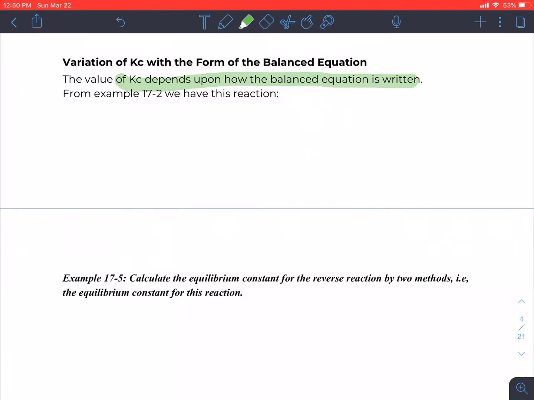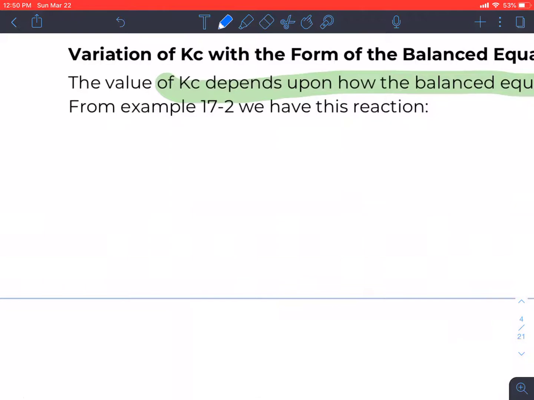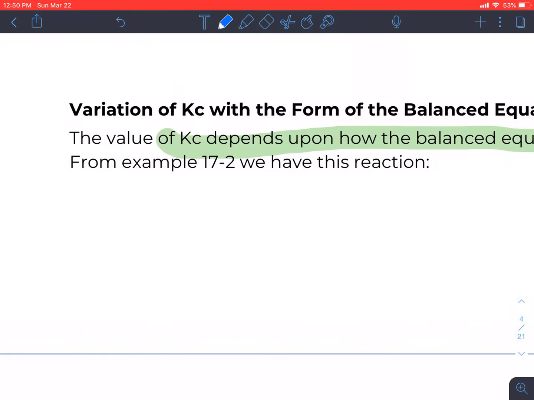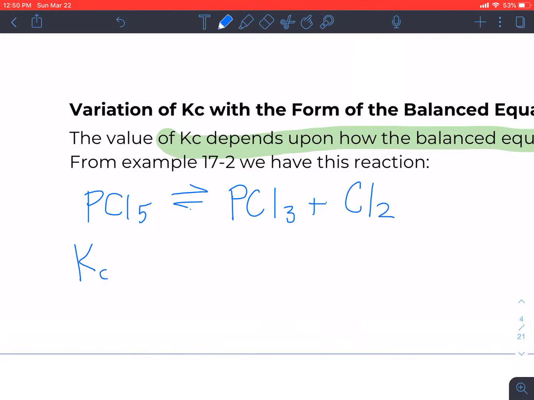And so kind of just a flashback to 17.2, we looked at the reaction for PCl5. Okay, and what we have is PCl5 yields PCl3 plus Cl2. We were also able to write an equilibrium expression.